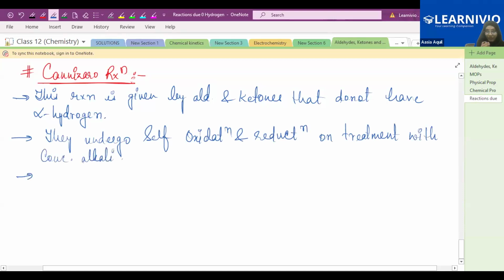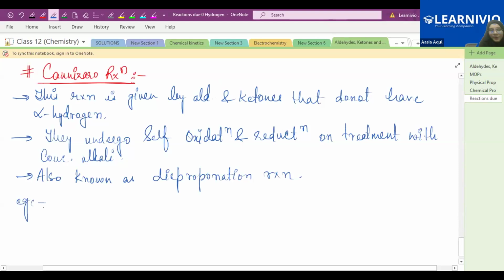Because Cannizzaro is a self-redox reaction, one molecule will undergo oxidation as well as the reduction process. So this is also known as the disproportionation reaction.